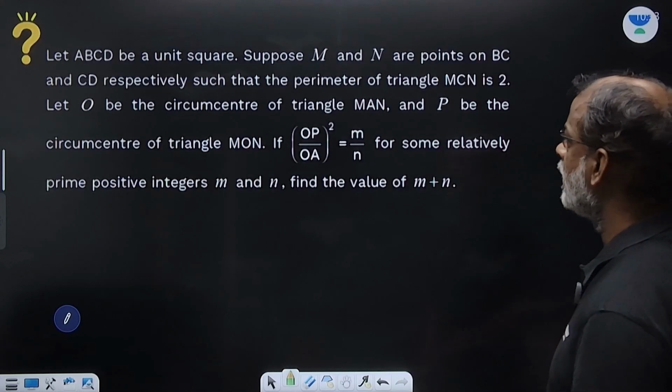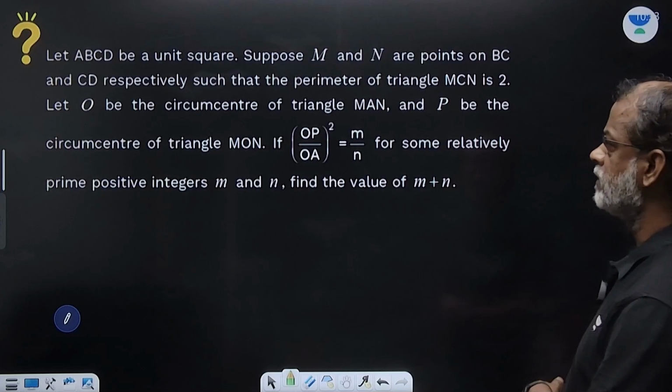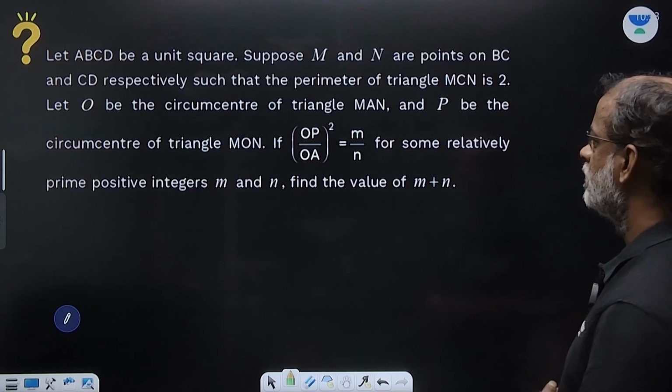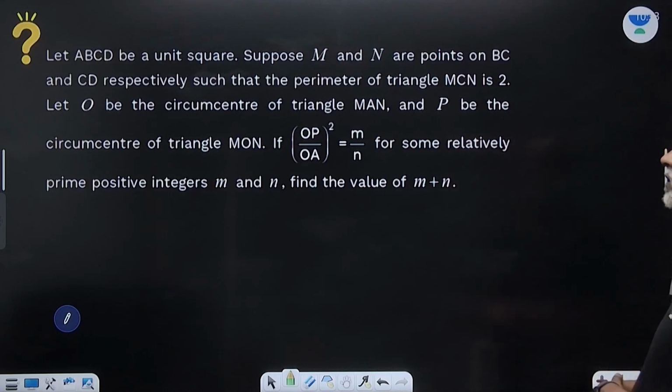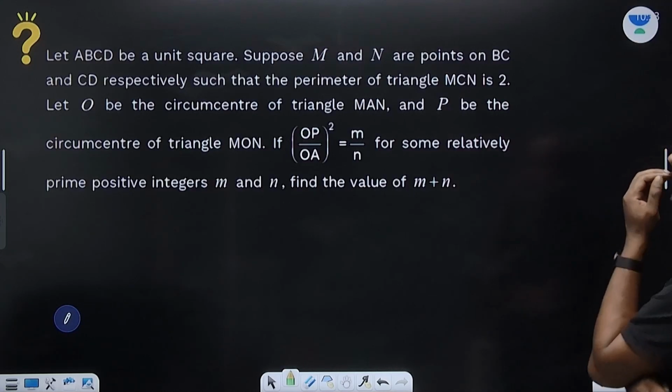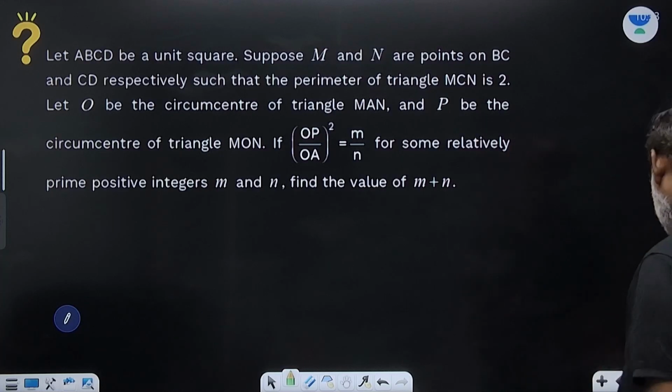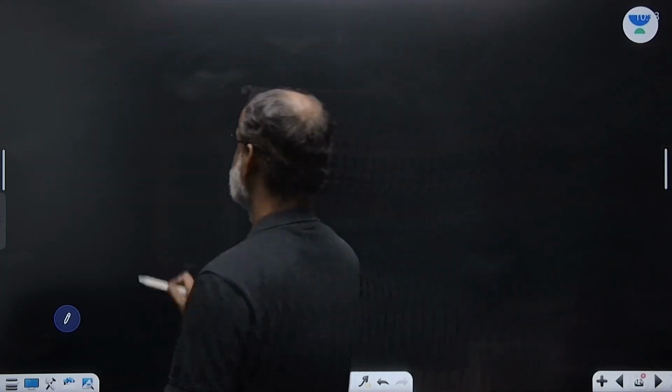Suppose M and N are points on BC and CD respectively, such that the perimeter of triangle MCN is 2. So let me draw this in a separate slide.